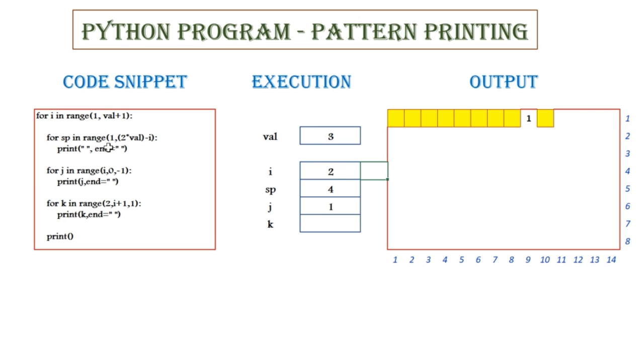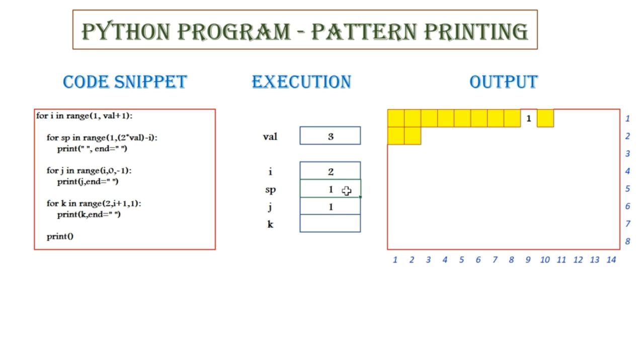for sp in range(1, 2 * val), which is 6. 6 minus 2 is 4. So it is going to loop from 1 to 4. Initially the value of sp is going to be 1. So it is going to print two spaces, 1 and 2. Next, the value of sp is going to be incremented by 1.